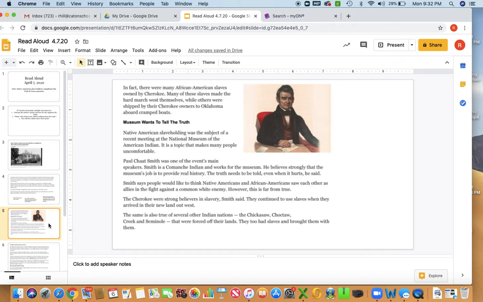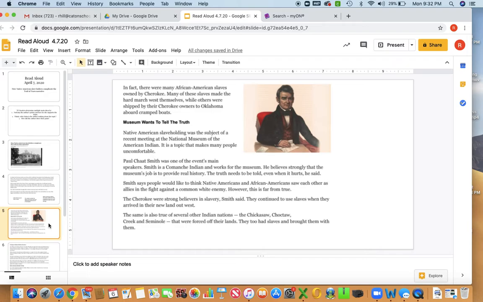In fact, there were many African American slaves owned by Cherokee. Many of these slaves made the hard march west themselves, while others were shipped by their Cherokee owners to Oklahoma aboard cramped boats. Museum wants to tell the truth. Native American slaveholding was the subject of a recent meeting at the National Museum of American Indian.